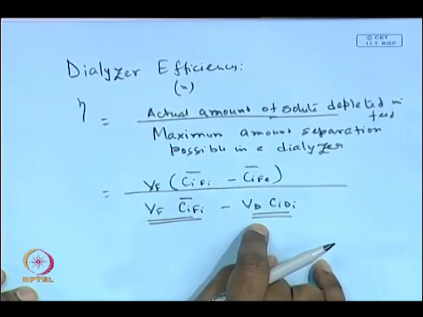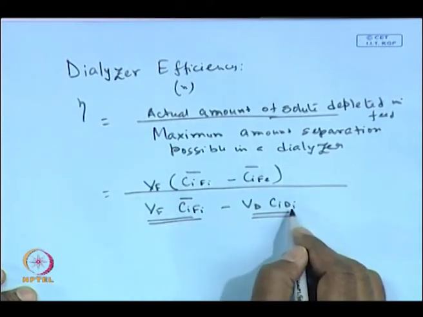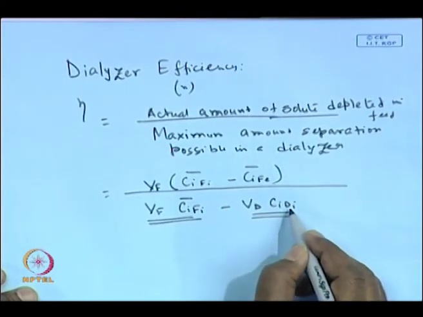In most of the cases, CDi will be equal to 0, because you are going to put in fresh dialysate. Therefore, the concentration difference is maintained at maximum.